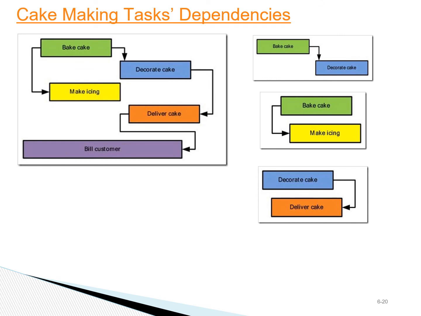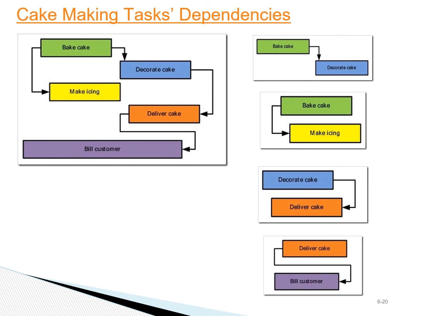This is a finish to finish dependency. As shown with some overlap of the two tasks, it suggests that some decoration may be occurring while the cake is being delivered to the customer. And finally, the customer bill has to be finished by the time we start the delivery of the cake. This dependency is a start to finish dependency.